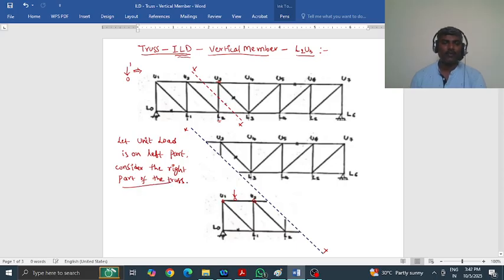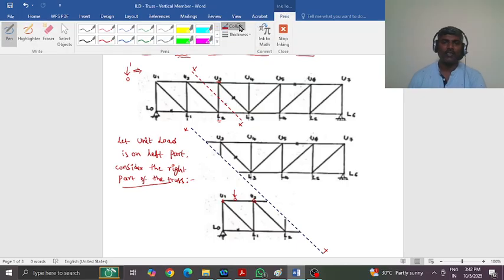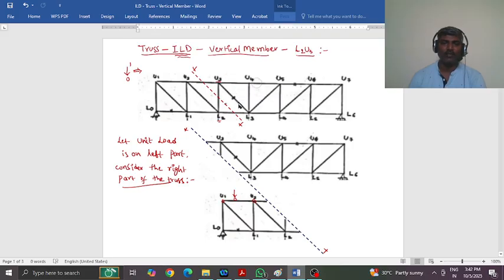For the right part of the truss, you analyze this and get the force that is required. So now you plot the forces acting on the right part. These are the forces acting on the right part.